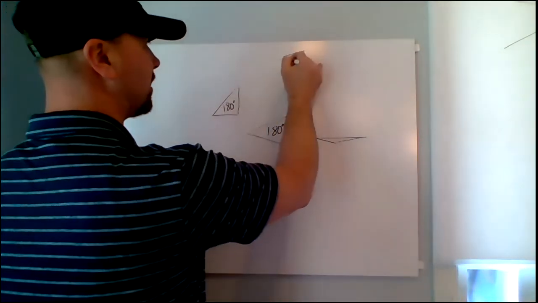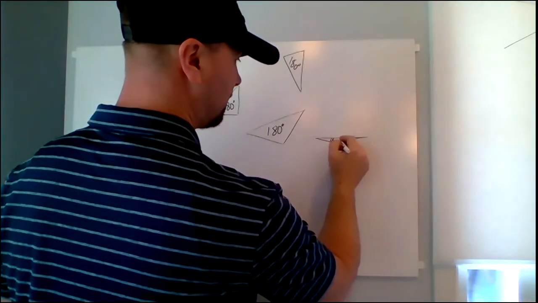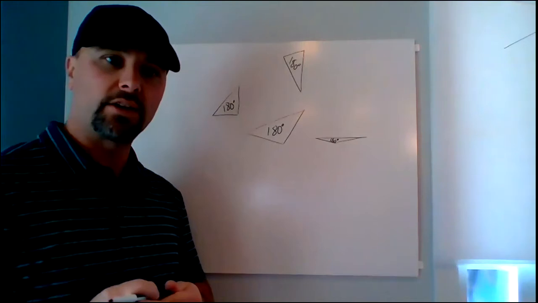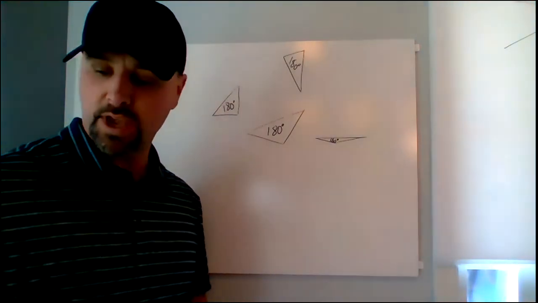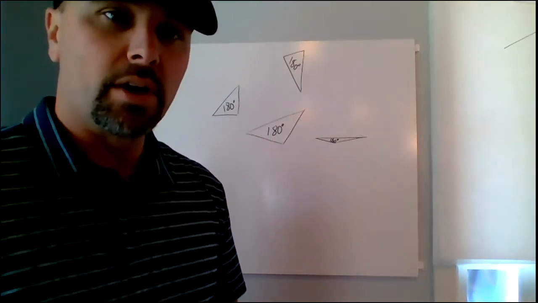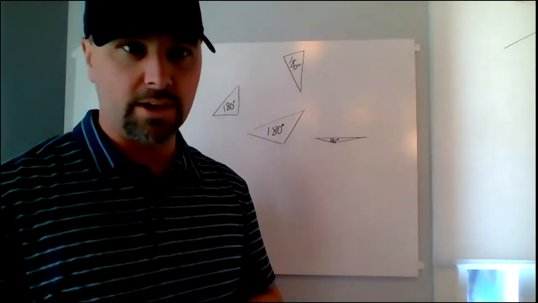If we were to measure each of these angles with accuracy, we would see that when you add all three angles up, it equals 180 degrees. So the sum of all angles is 180 degrees, regardless of what the triangle looks like.